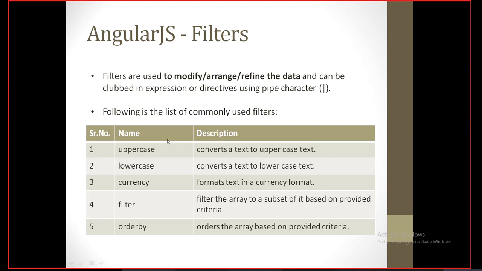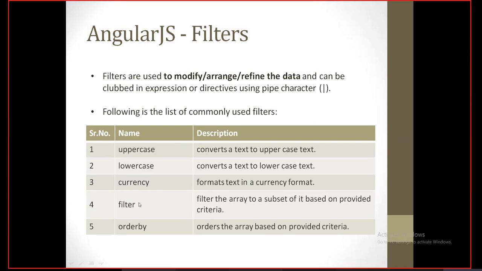Now what all filters do we have? We have the uppercase filter. If we use this uppercase filter, it will convert the text into upper case. Similarly, lowercase is another filter. Currency is another filter. Whatever value we have, if we provide the currency filter, it will format that value in a currency format.